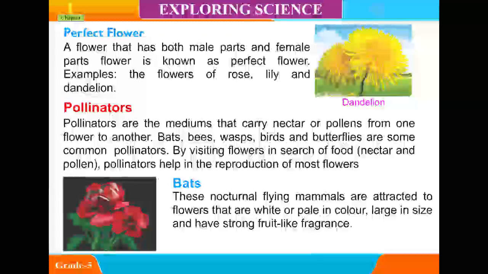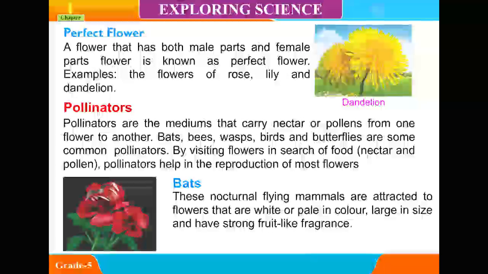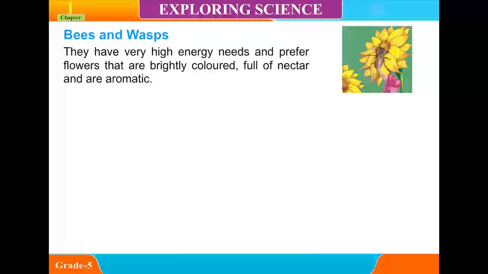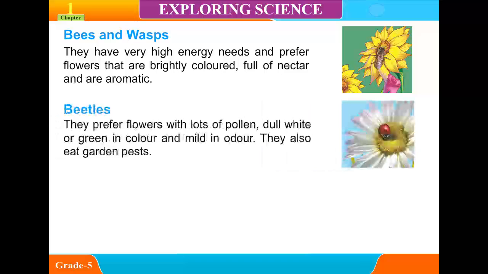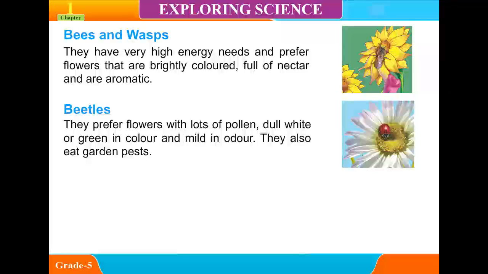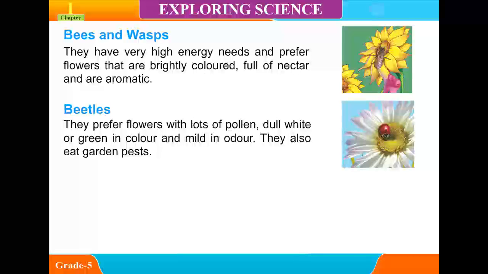Bats: these nocturnal flying mammals are attracted to flowers that are white or pale in color, large in size, and have a strong fruit-like fragrance. Bees and wasps: they have very high energy needs and prefer flowers that are brightly colored, full of nectar, and aromatic. Beetles: they prefer flowers with lots of pollen, dull white or green in color, and mild in odor.